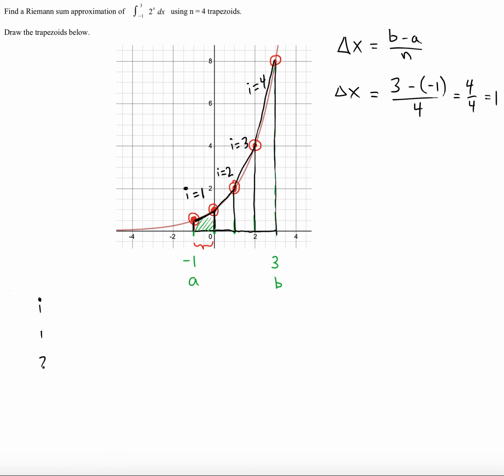Number 1, 2, 3, and 4. Okay, now we need an x, a position, an x with which to calculate the height of the function. But for each trapezoid, we need actually more than one x. We need an x on the left and an x on the right.